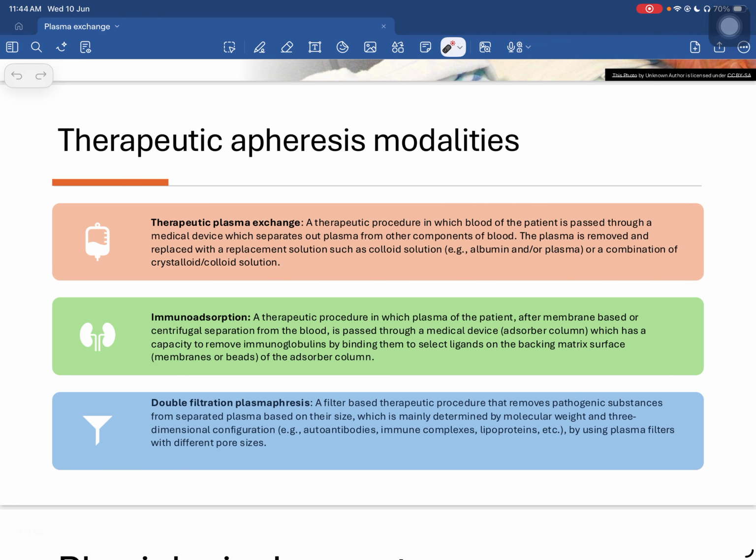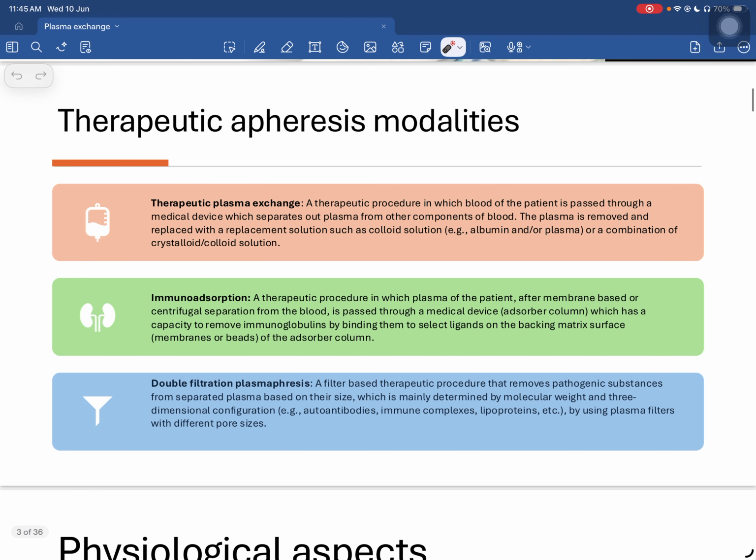Here, you're taking the plasma out of the patient, passing it through a machine where it gets separated either based on a membrane based separation or a centrifugal separation. And then there is an adsorber column which has the capacity to remove immunoglobulins by binding them to select ligands on the backing matrix surface of this adsorber column. And then the plasma is returned back.